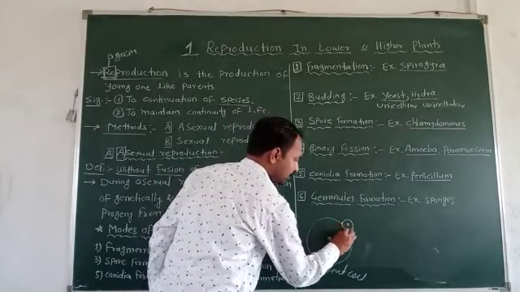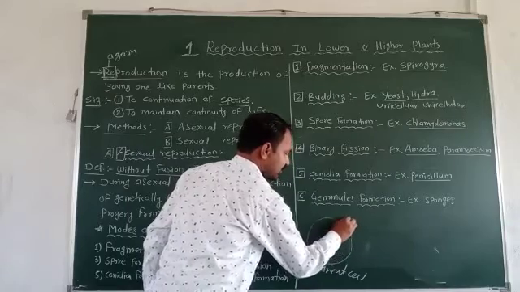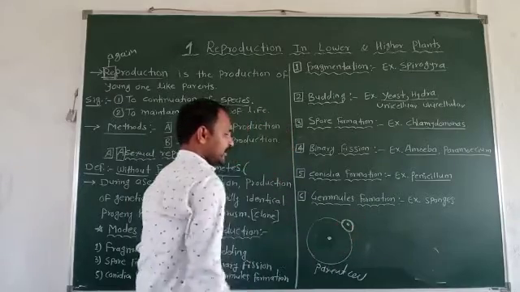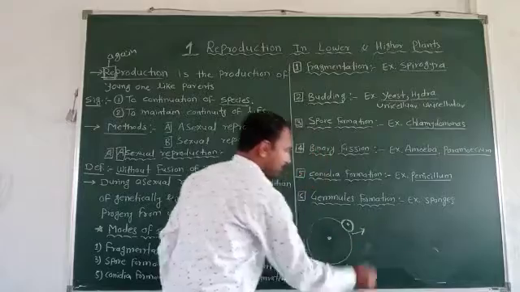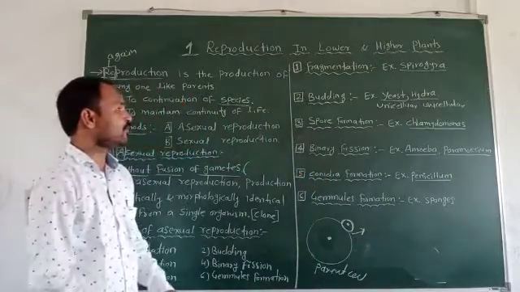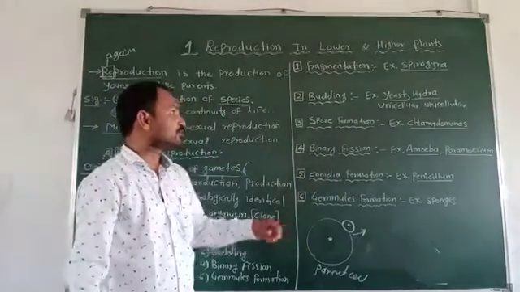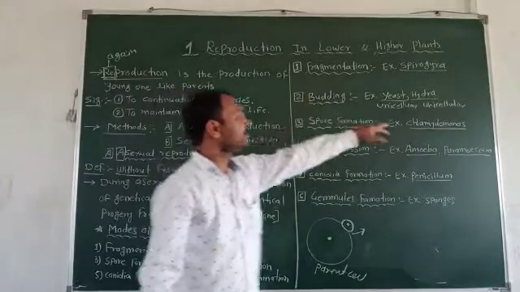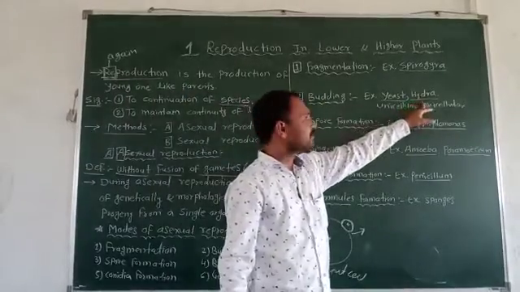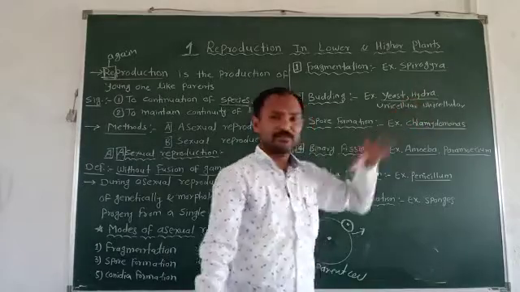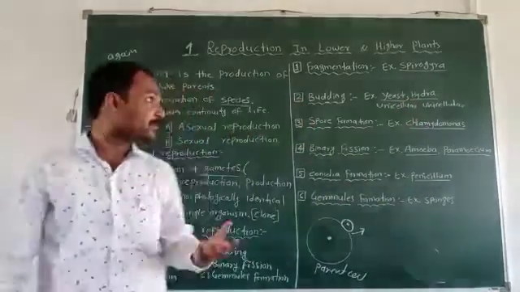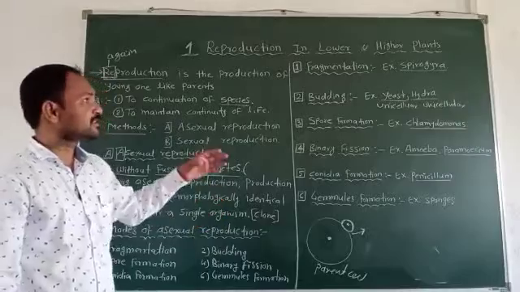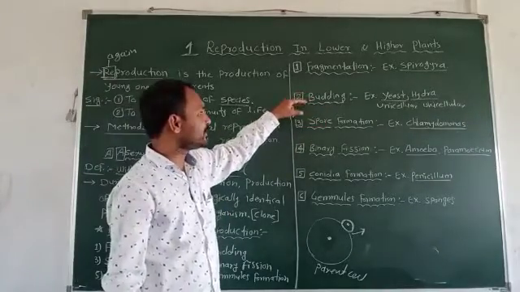Now this bud develops on the parent cell and detaches from it to form a new individual, a new organism. That is called budding. Hydra is actually an animal. This animal also divides by the budding method, in the aquatic environment.